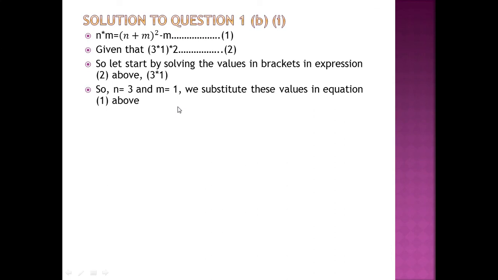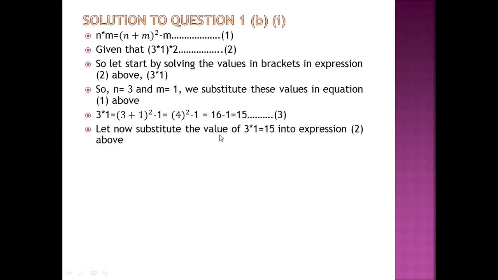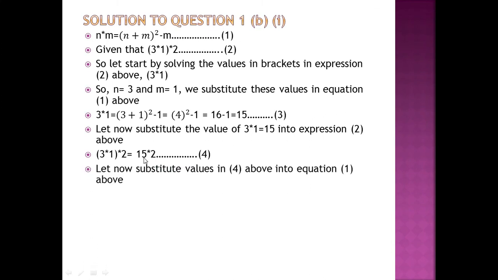We plug the values of 3 and 1 into equation 1, and then we have the value of 15, which is going to be equation 3. We plug the value of 3 star 1, which is 15, into expression 2, and then we have 15 star 2. We also need to evaluate 15 star 2.